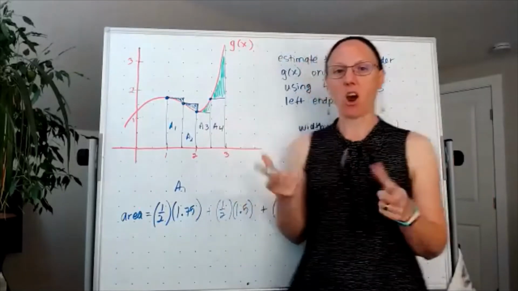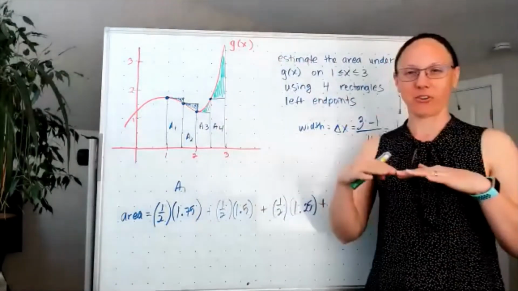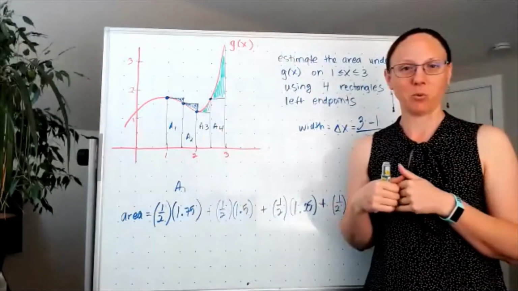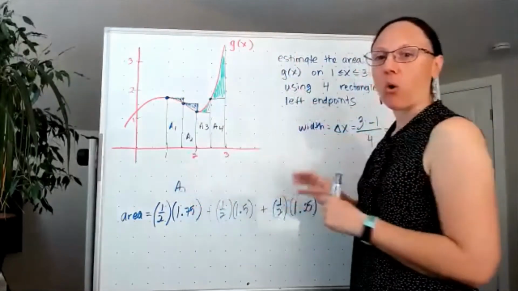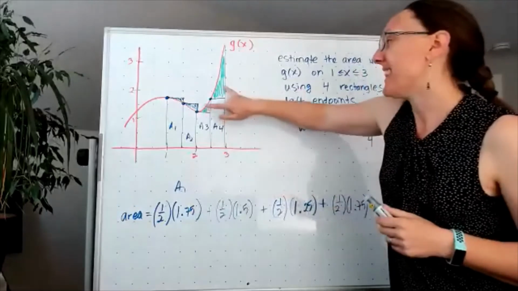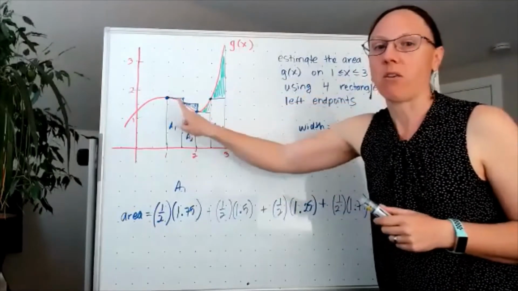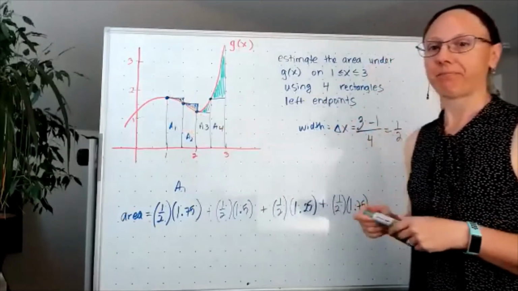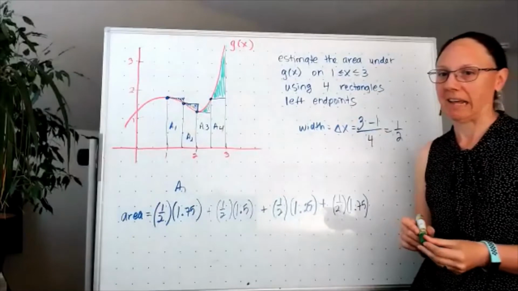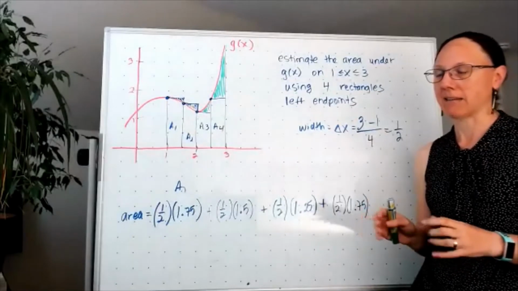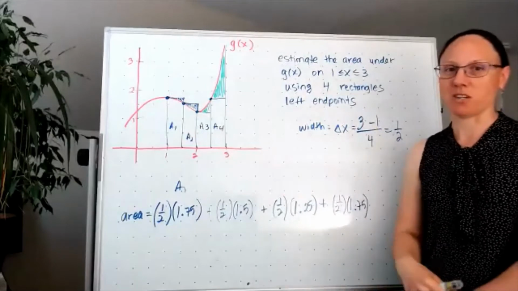So it's not always as simple as every single rectangle we draw is under the graph or every single rectangle we draw is over the graph. Sometimes we have to look at the overall picture of how much we've undercounted by, and we've only overcounted by that little bit. So I think that's probably as tricky as I can make one of these questions.